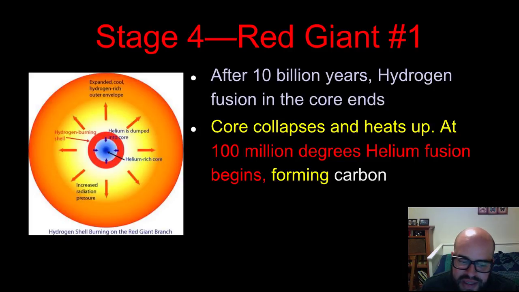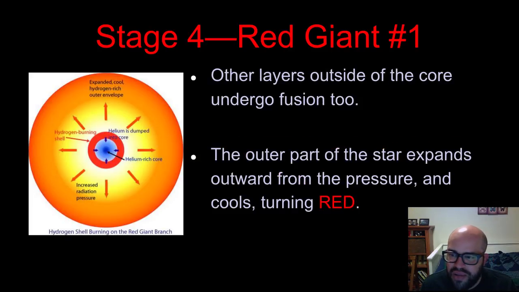When this happens, the outer layers on the outside of the core get pushed out. They expand because helium fusion is so much hotter, with so much energy, that it pushes those outer layers out. And as those outer layers spread out, they cool off and become red, because remember that with stars, red is cool, blue is hot.